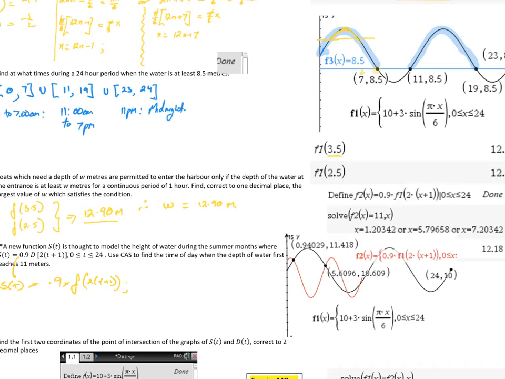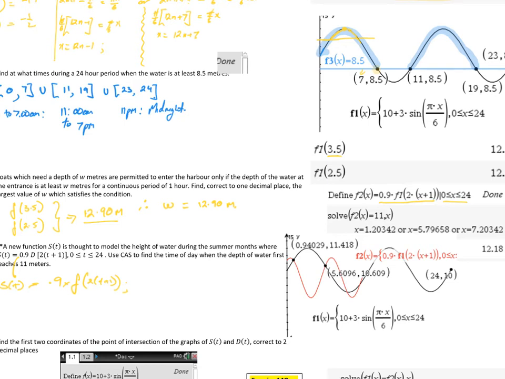I've defined that on my CAS: 0.9 times f1 of x, which is 2 times x plus 1, between 0 and 24 hours. So that's my new function, S of t.